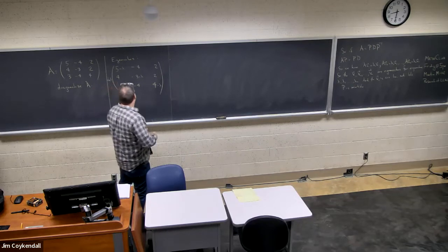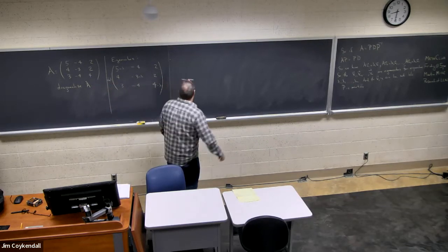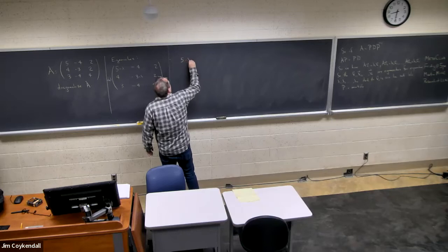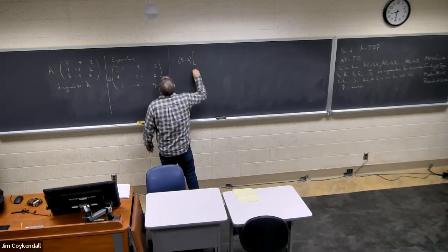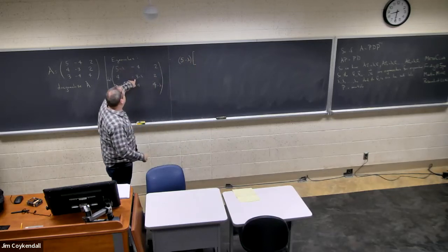Since it's only 3 by 3, I'm going to expand along the first row. So I need the determinant of this.